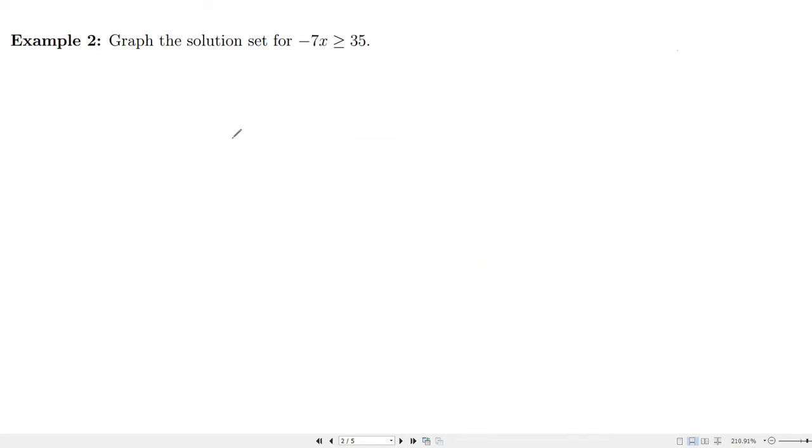Okay, so let's continue solving our linear inequalities, and we're going to graph the solution set for this linear inequality. One thing I want to point out, that hopefully you noticed after reading your textbook carefully in this section, is that we need to reverse inequalities when we multiply or divide by a negative.